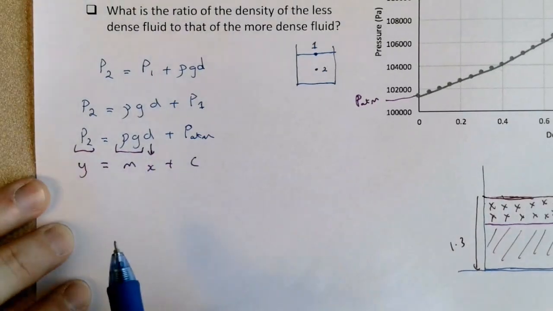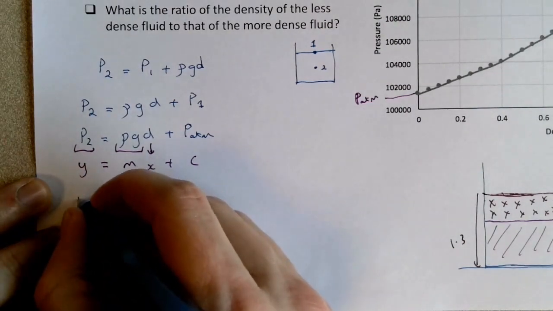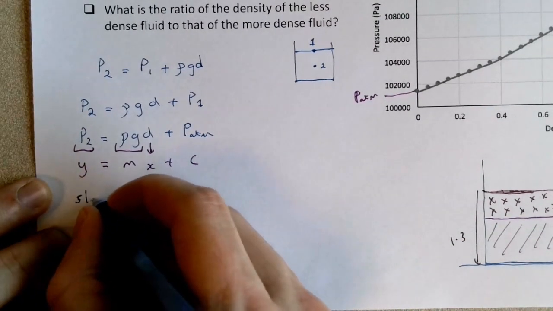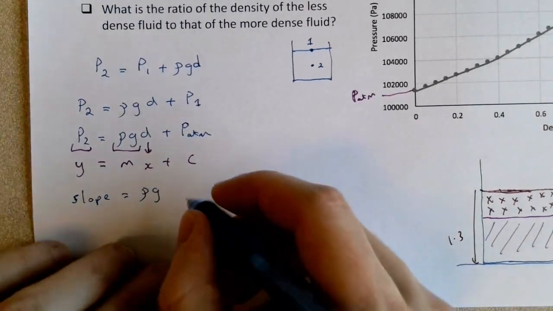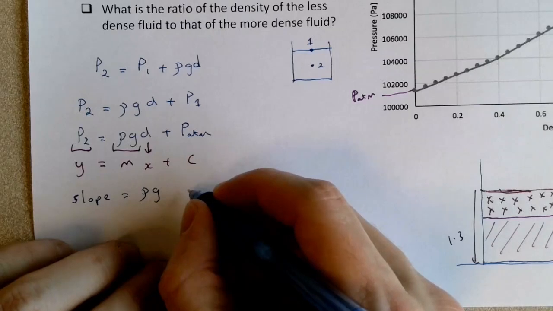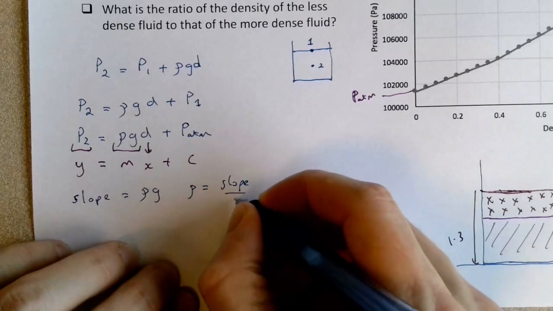of the densities, we want to be considering the slopes. So I'll write slope equals rho times g, then rho will be equal to the slope divided by g.